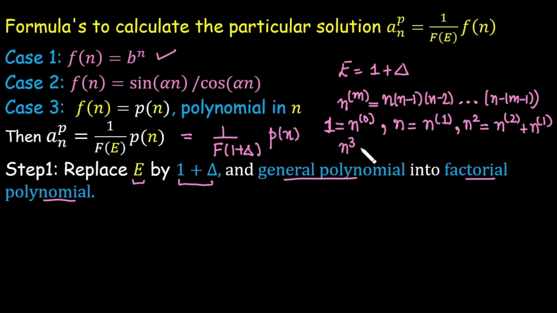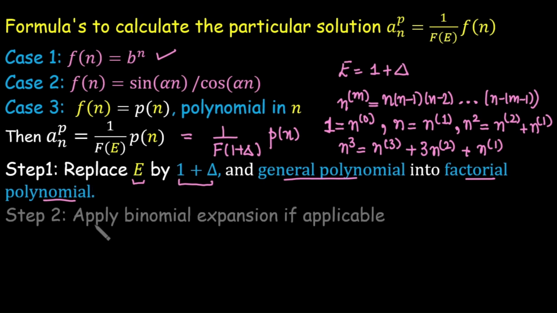And n cube is written as n raised to power 3 factorial polynomial plus 3 times n raised to power 2 factorial polynomial plus n raised to power 1 factorial polynomial. The derivation and the concept of the general factorial polynomial were already covered in the previous video, and the link is given in the description.